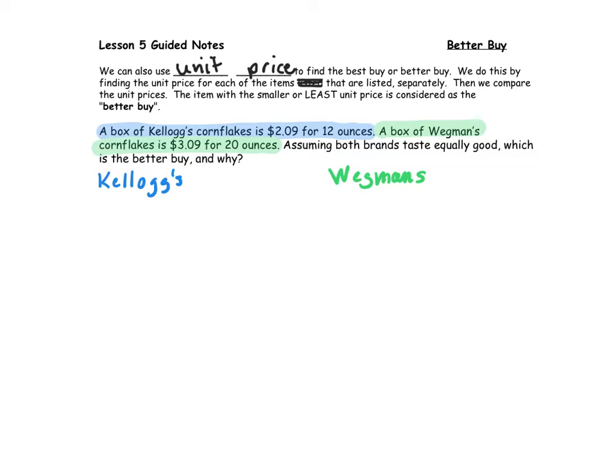So let's start with Kellogg's, and I'm going to go ahead and use the shortcut method. We're going to take $2.09, that's how much we paid for the entire box, and there were 12 ounces in that box. So to use the shortcut method, we take the amount of money and we divide it by the number of ounces. So pause and use your calculator to find that out.